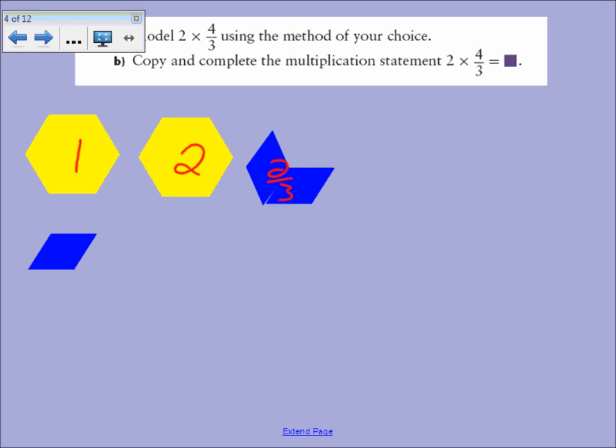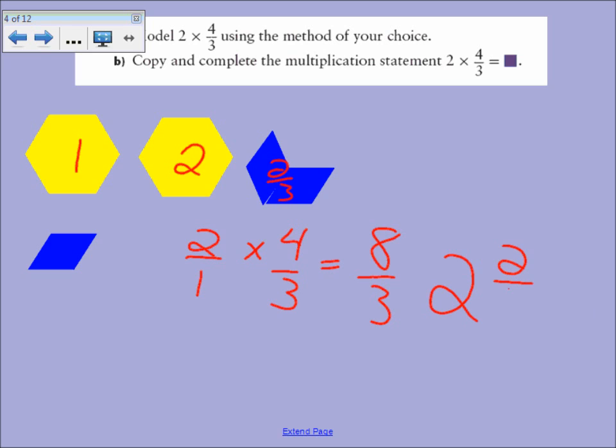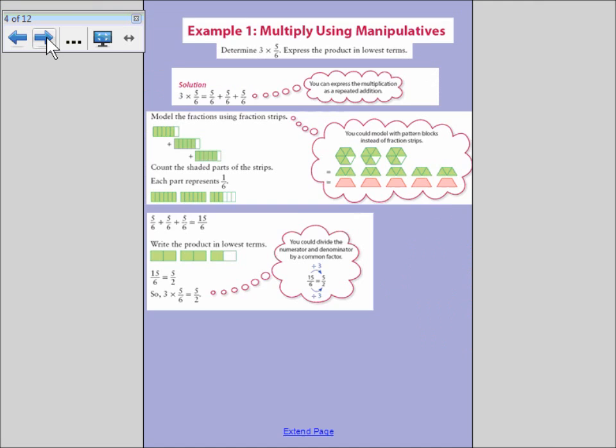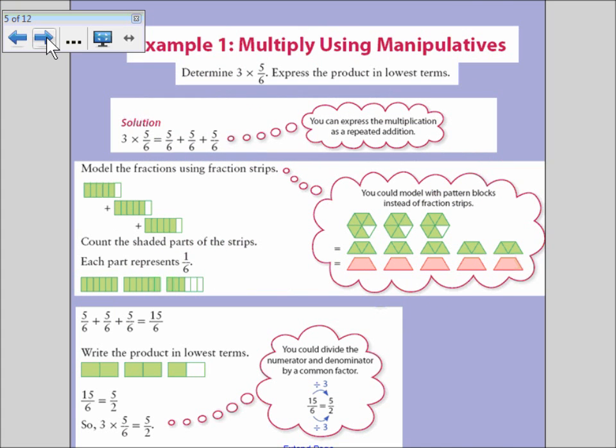Copy and complete the multiplication statement. 2/1 times 4/3. And we can check this, and it's 8/3. We know that 3 goes into 8 2 times, leaving remainder 2/3. So the answer is 2 2/3, which is what we found up here.